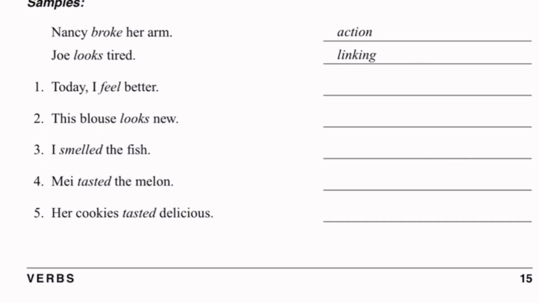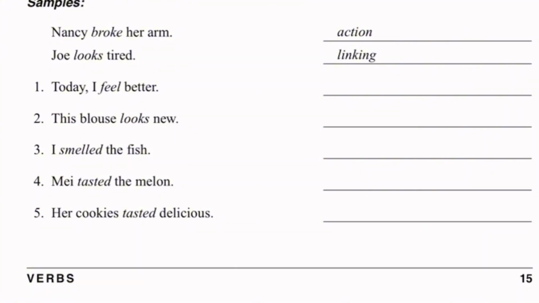Can we replace that feel with the "be" variant of the verb that goes with I, which is am, and it will still make sense? Today I am better. Does that make sense? Yes. So feel there is a linking verb.